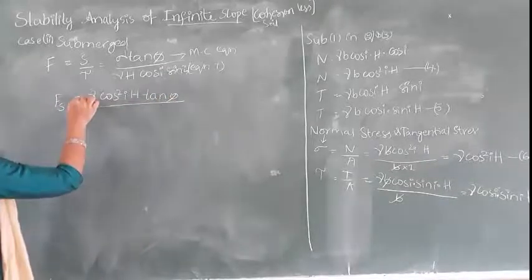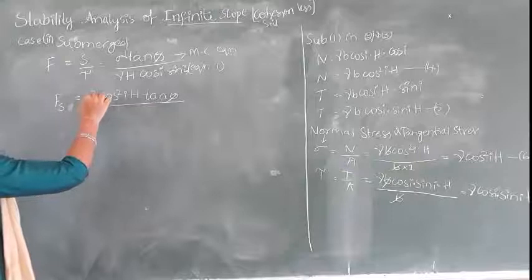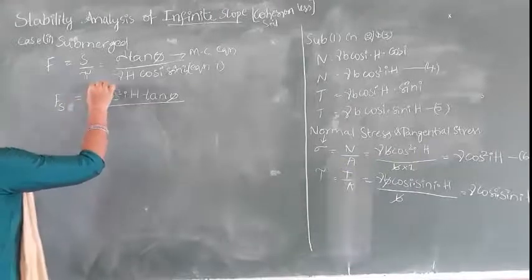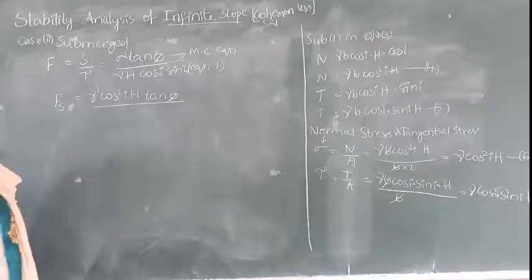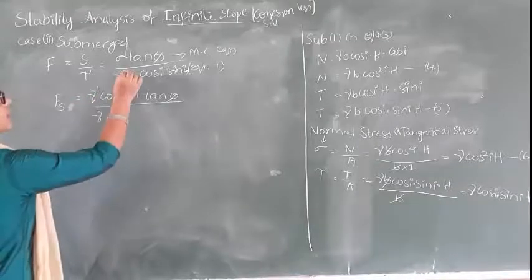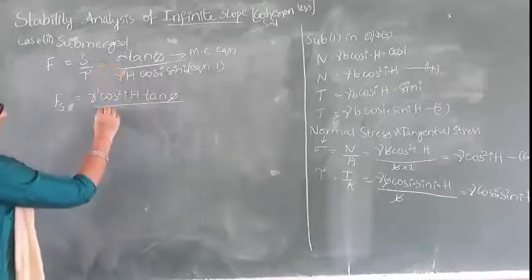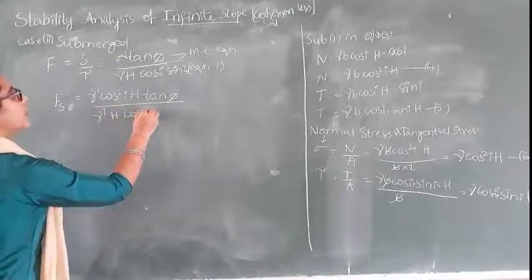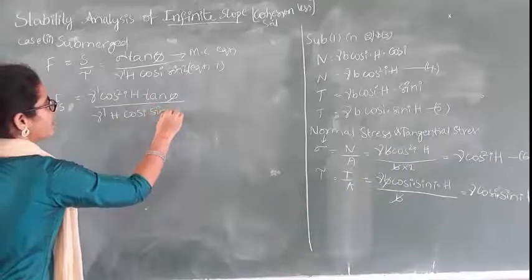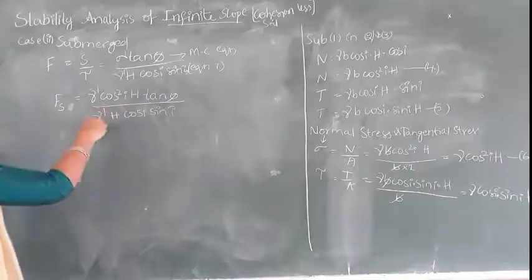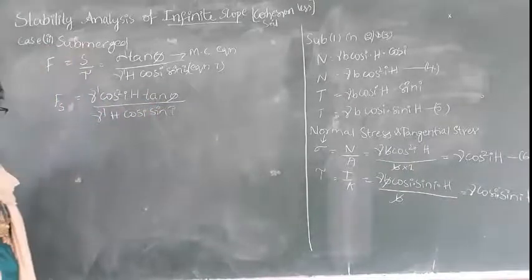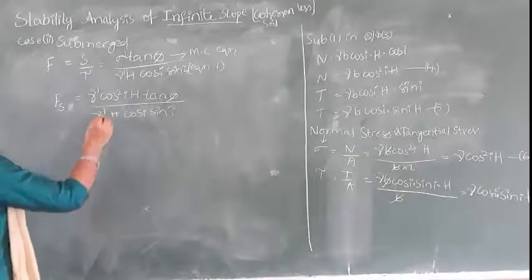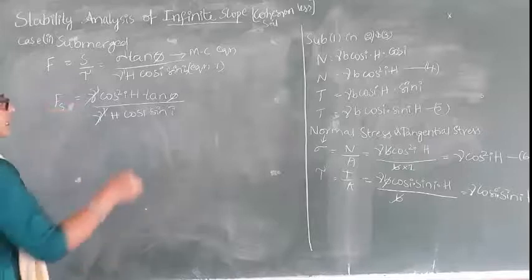So here now this will change. Here it is not gamma, the unit weight of soil. It is the submerged unit weight of soil, right? In the bottom equation also it will change: gamma dash into h into cos i into sin i. Because we are discussing submerged soil factor of safety, gamma dash. The change is here. Okay, gamma dash will get cancelled.